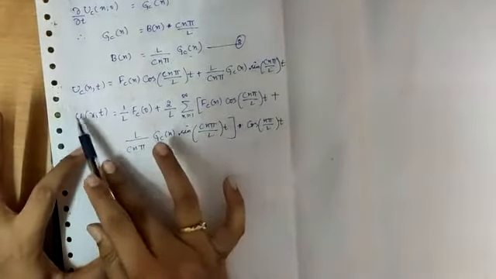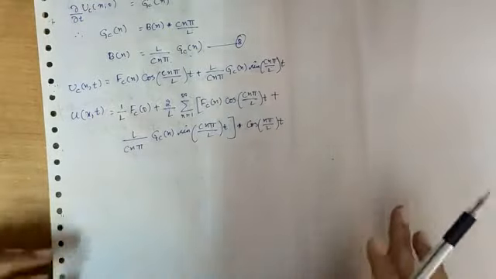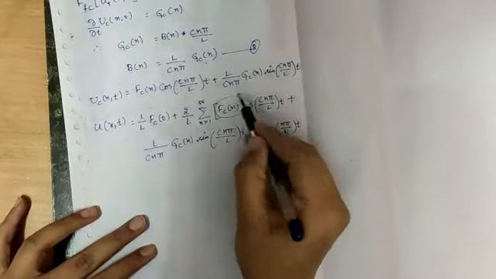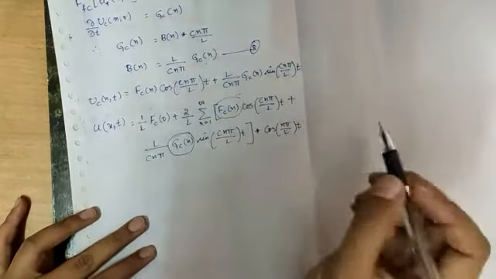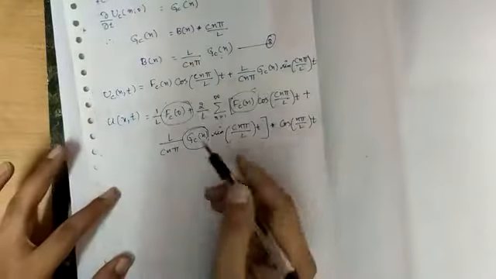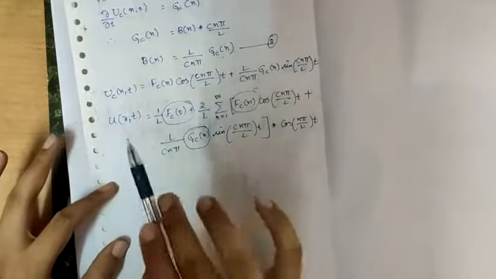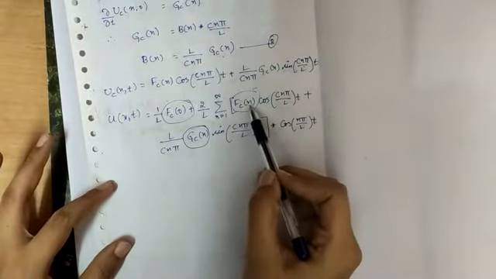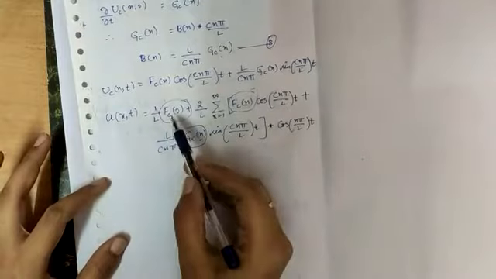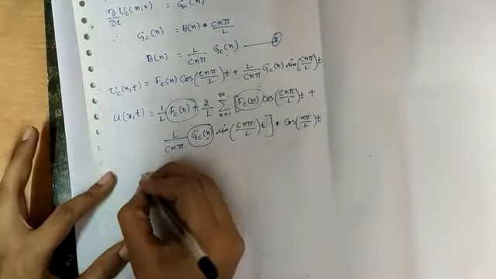I have written what is u of x comma t, as we did in the previous problem. Okay. So now there is a value for fc of n and gc of n as well as fc of 0. Since our final equation should be in the form of x and t, here it is still in n. You can observe that. So we have values for fc of 0, fc of n and gc of n.